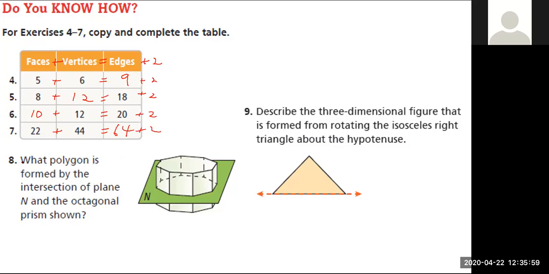All right. On number 8, what polygon is formed by the intersection of the plane and the octagon shown? Since the plane is parallel to the bases, something to understand about this one is if you have a plane that's intersecting and it's parallel to the base, it'll always end up giving you the same shape as the base. And that's true for any prism.